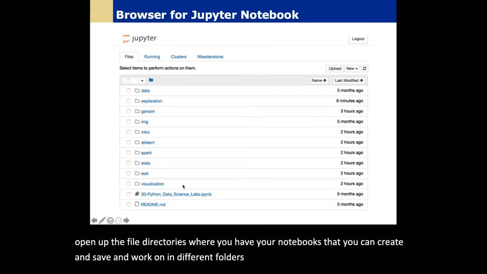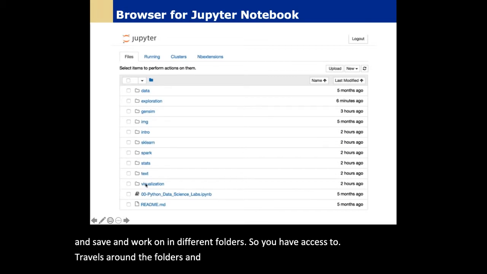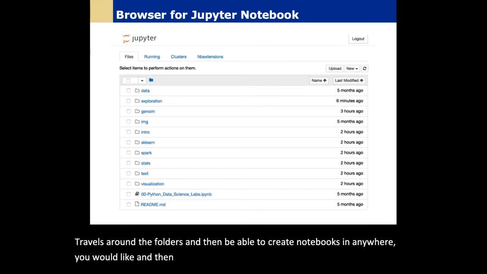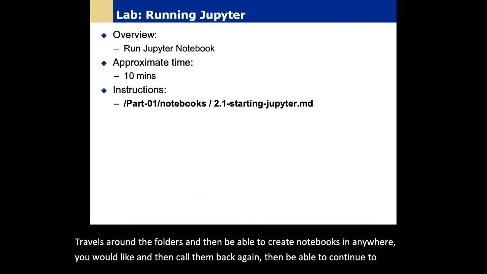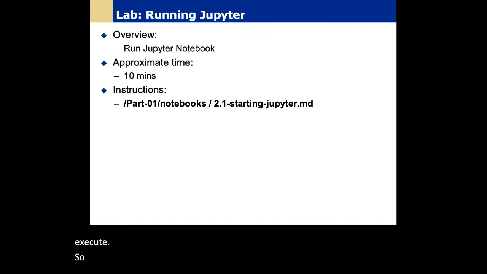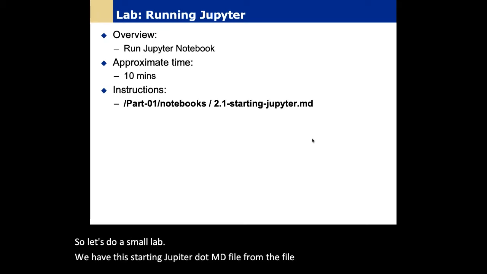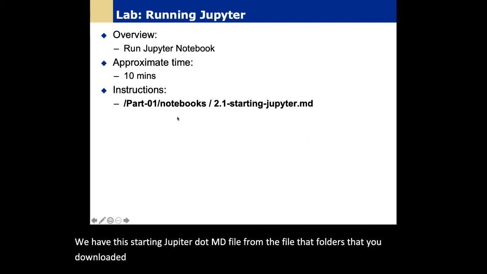So you can traverse around the folders and create notebooks anywhere you would like, then call them back again and continue to execute. So let's do a small lab. We have this starting jupyter.md file from the folders that you have downloaded from Git. It's in the notebook folder. I'll show that.